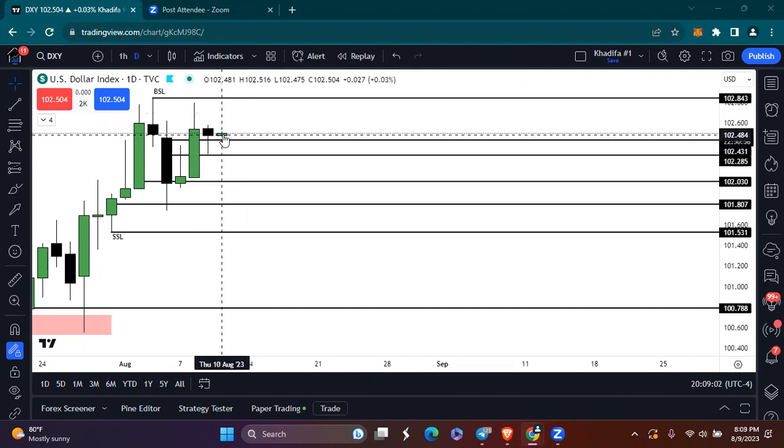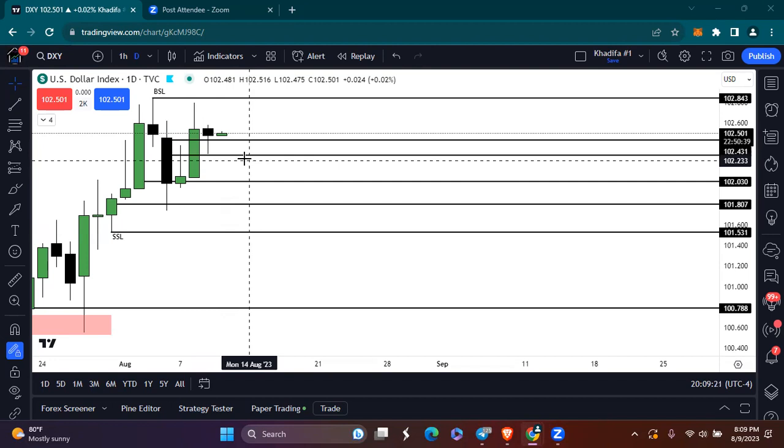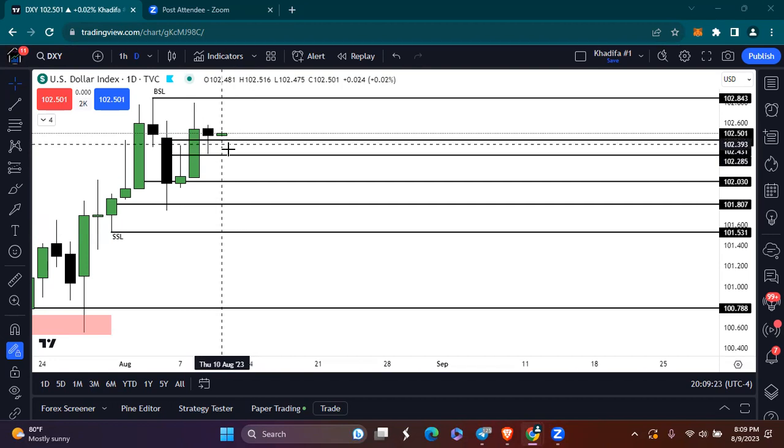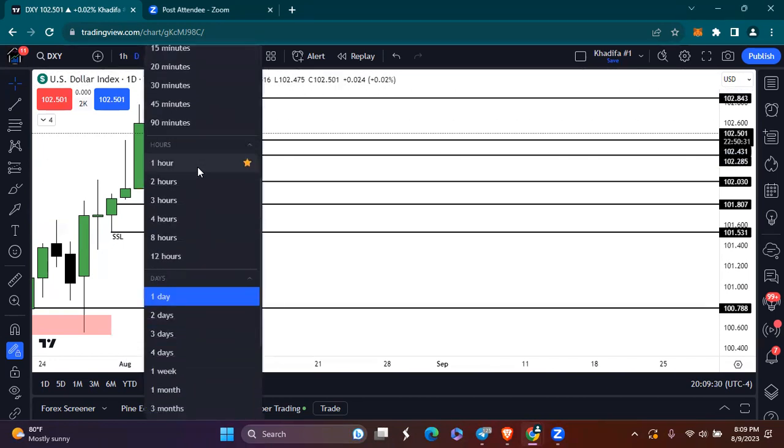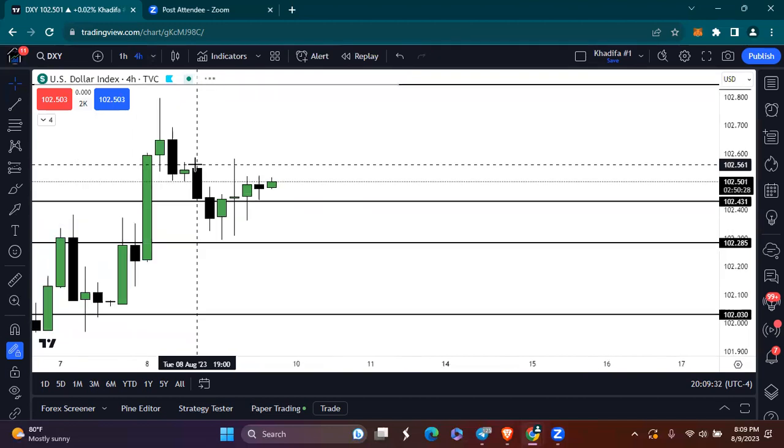However, I'm going to be monitoring the dollar to see if we break below the PD array level throughout the rest of Asian markets tonight and going into London. And you already know if we do break below the PD array, let me go down to 4 hour because I'm on a daily.